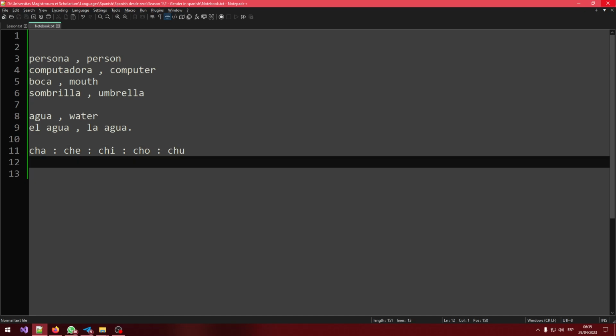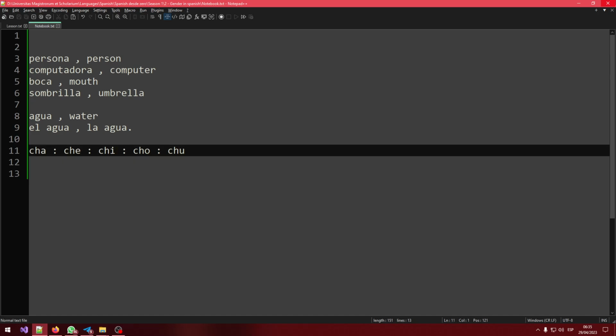Definitely true, because there is a Spanish word in my country called chubasco, which is basically a way to call a rainstorm. So we have cha, che, chi, cho, chu. This is something you have to learn, and we did not cover it in the previous lesson about the alphabet.